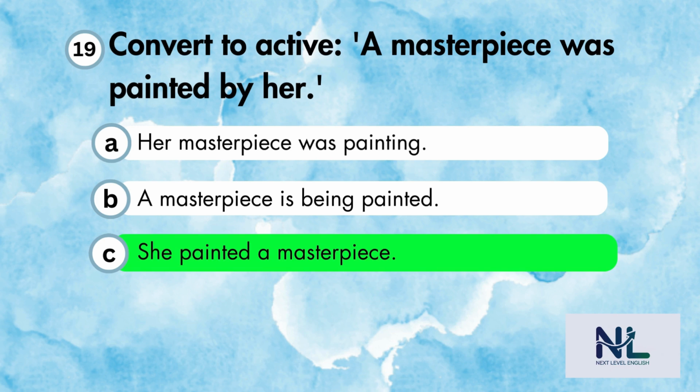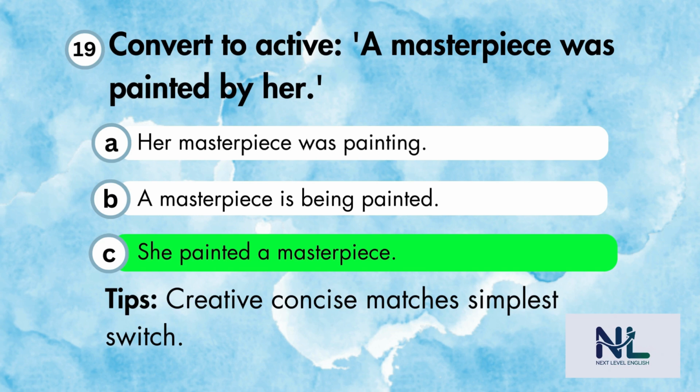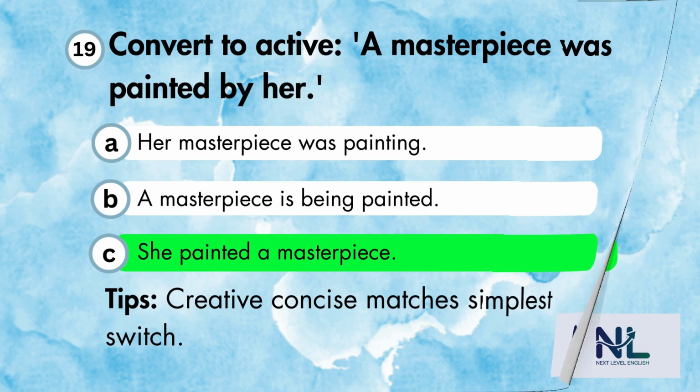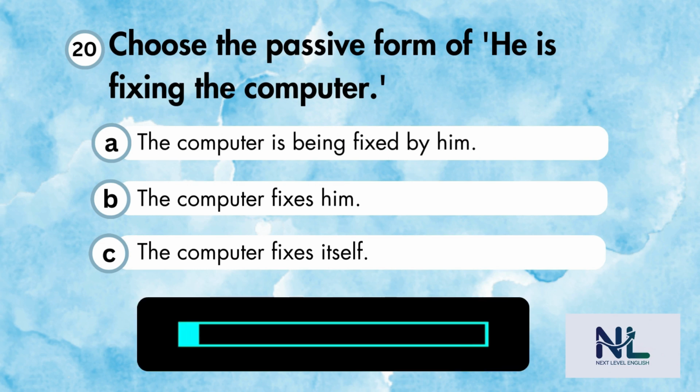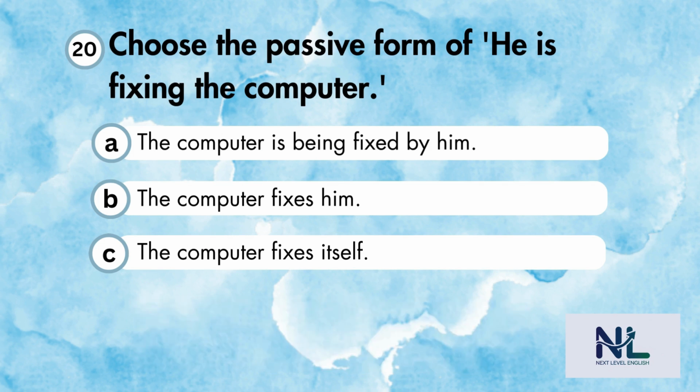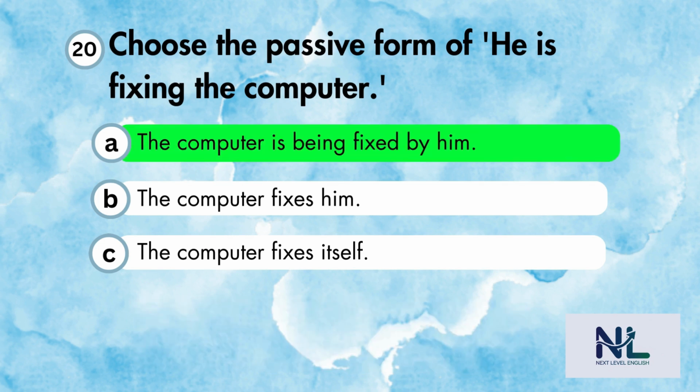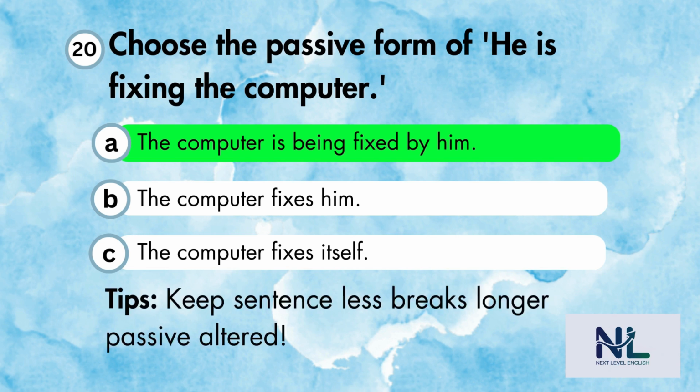She painted a masterpiece. Tips: creative concise matches simplest switch. 20. Choose the passive form of he is fixing the computer. The computer is being fixed by him. Tips: keep sentence less breaks longer passive altered.